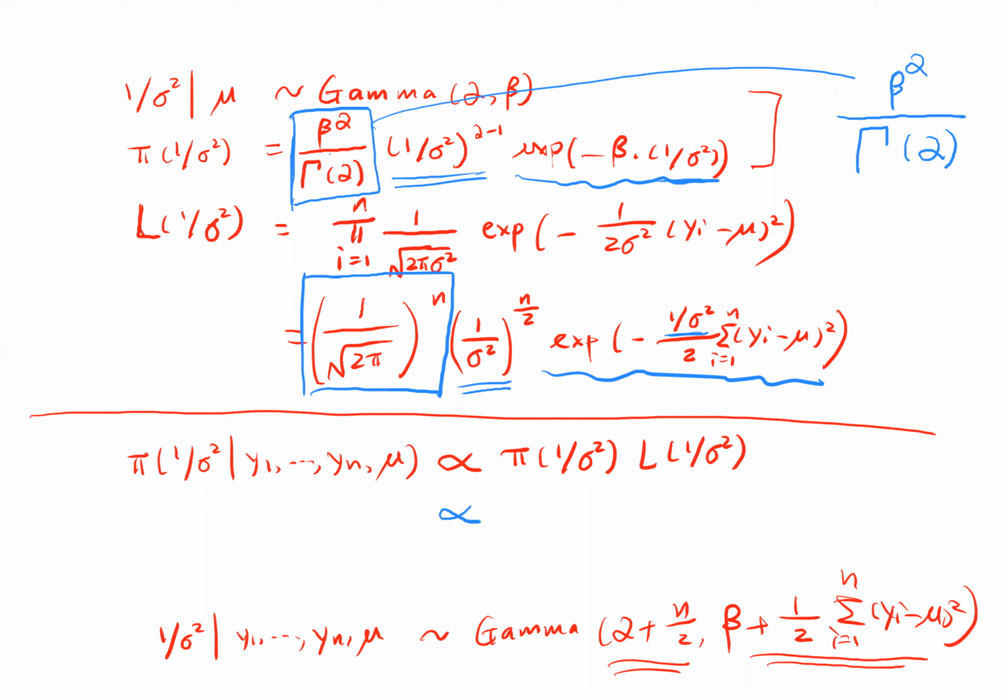So if we combine the terms of 1 over sigma squared, it is alpha minus 1 plus n over 2. Okay? So you combine this and this. And then the other term, a good way to write it, is that the form of the gamma distribution is negative something times the random variable, right?